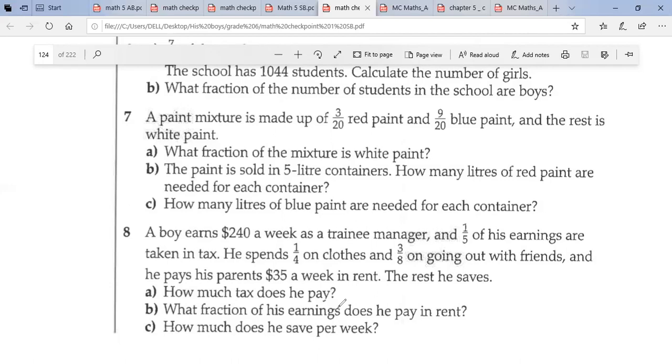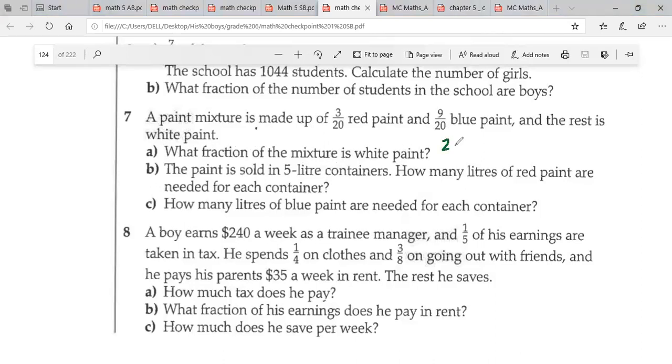Here, a paint mixture is made up of 3 over 20 red paint and 9 over 20 blue paint, and the rest is white paint. If you have 20, how do you get the fraction of white paint?